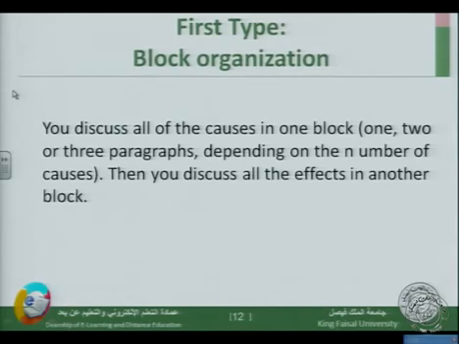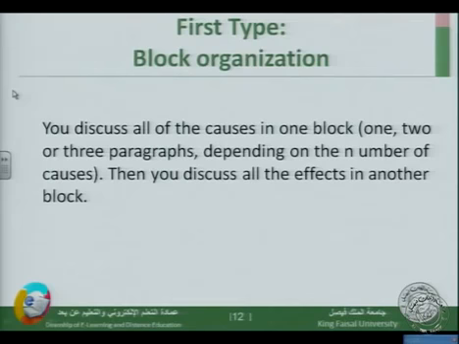In the block organization, you need to discuss all of the causes in one block, say one, two, or three paragraphs depending on the number of causes. Then, after you mention all the causes, you can discuss all the effects in another block.